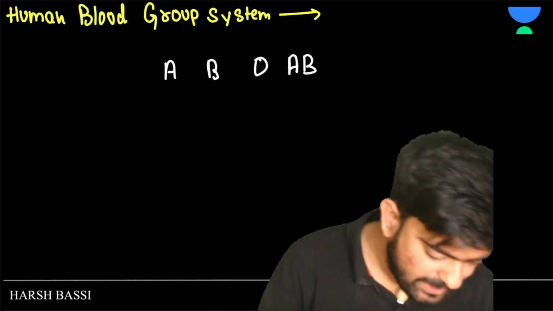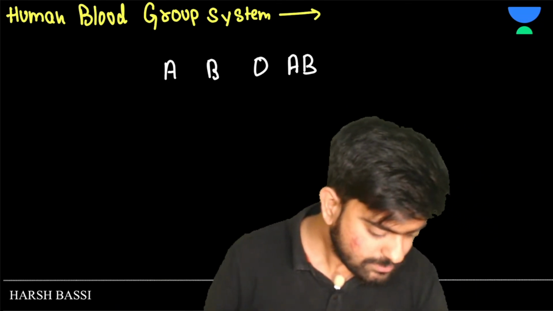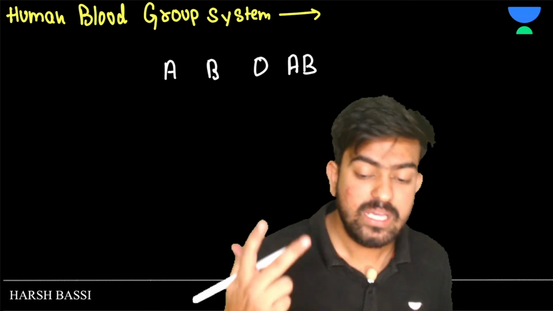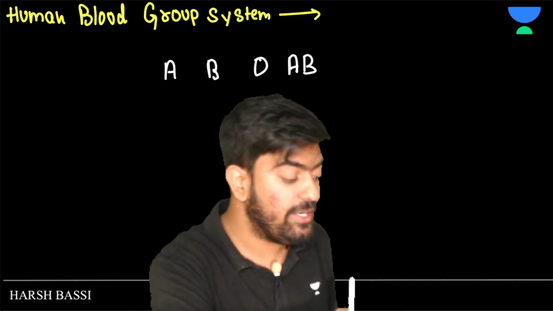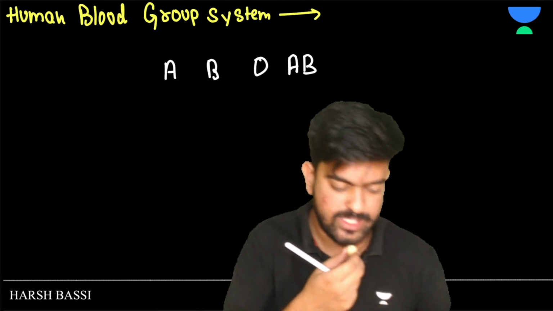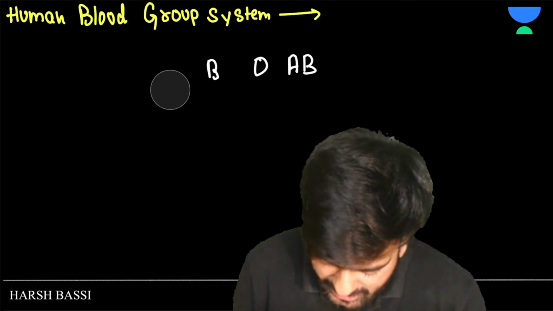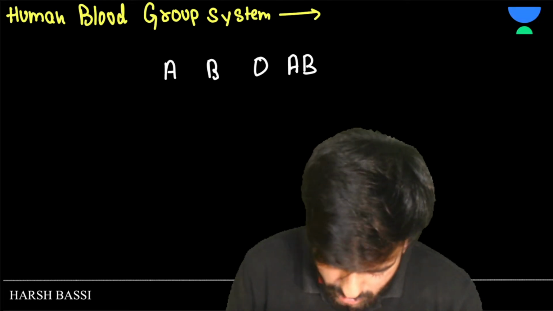Now see, in the human blood group system, there are 3 alleles which are controlling our blood group. Which alleles?